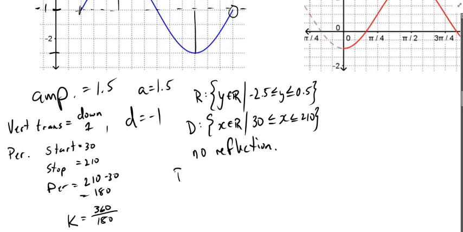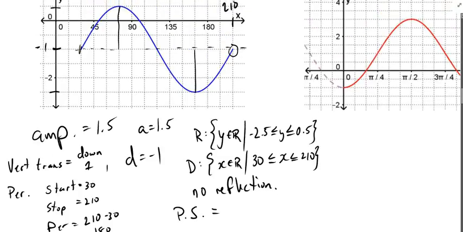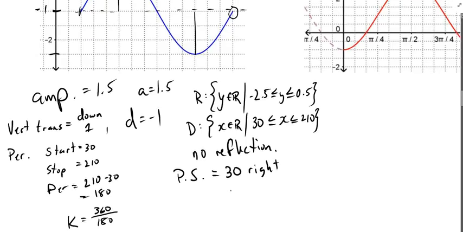Phase shift. So it's 30 to the right, which means my C value is 30, which means it's going to be like x minus 30, because it's x minus C. Again, you don't have to do all that, but this is where the thinking happens, to find all those values so that we can do this last thing and write the equation.